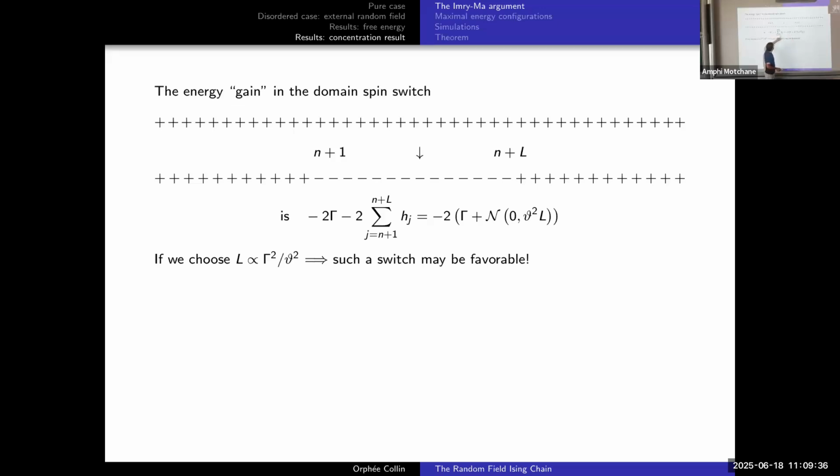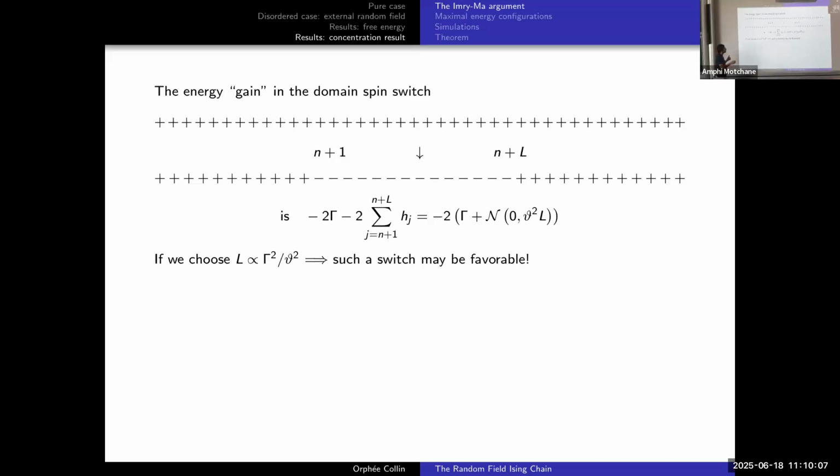Minus 2 because you go from having plus to having minus. If L is large, this sum is distributed essentially as a Gaussian with parameter theta squared times L, so it's of order theta times square root of L. And so if L is of order gamma squared divided by theta squared, it may be that this Gaussian variable is smaller than minus gamma, so the overall quantity is positive.